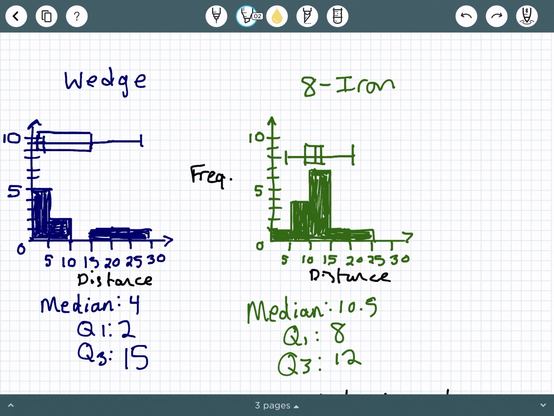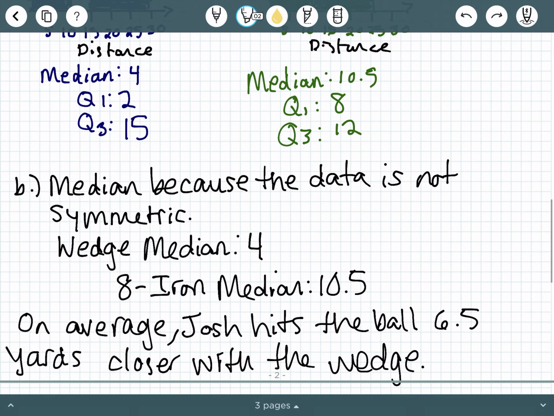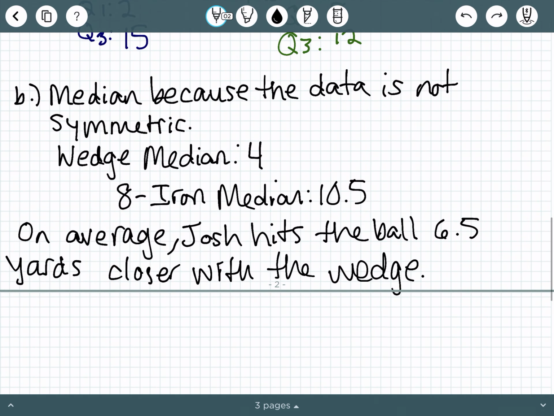But we also, if we look at our 8 iron, actually not at our histogram, if we look at our box plot, okay, and we compare, a tighter box on our box plot is going to be more consistency. So, generally in golf, we do want to use a club that gets the ball closer to the hole, but we have to keep in mind that consistency is also important. So, it really just depends in this case.